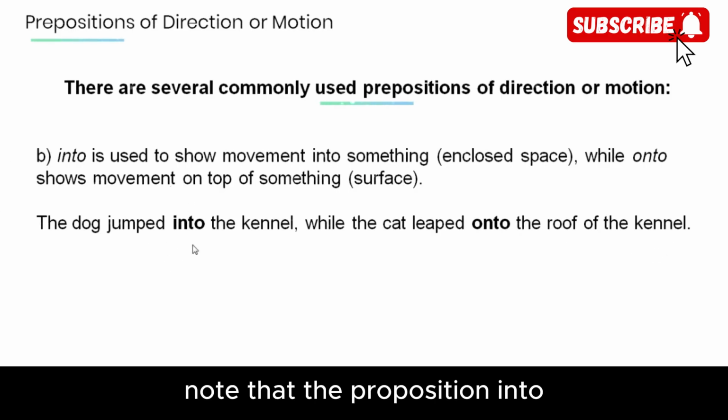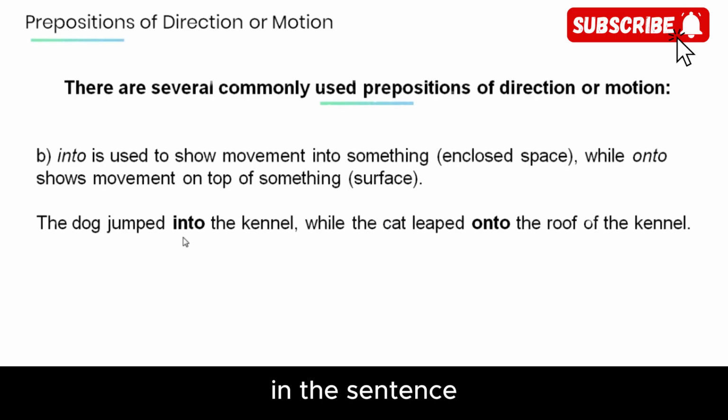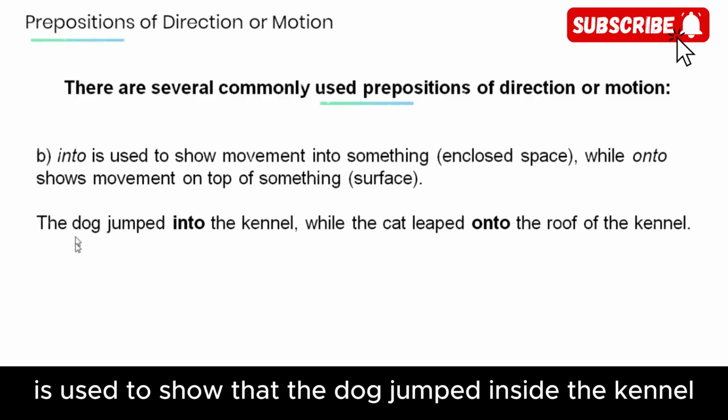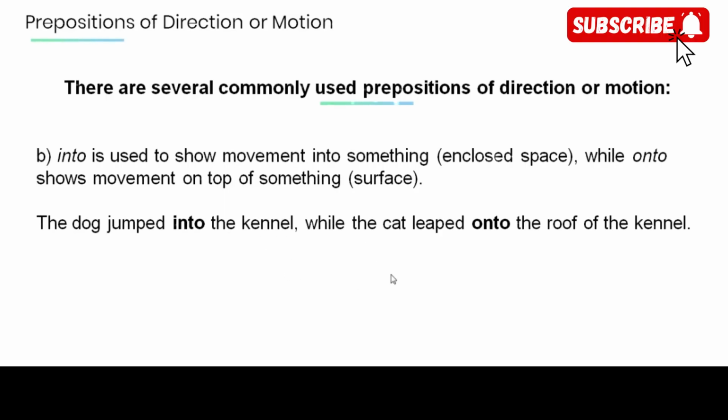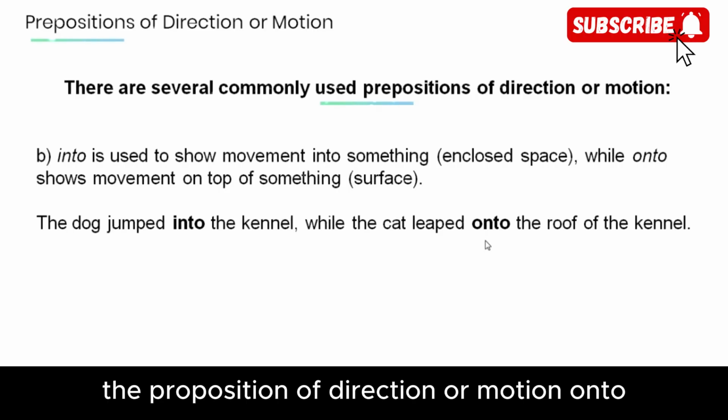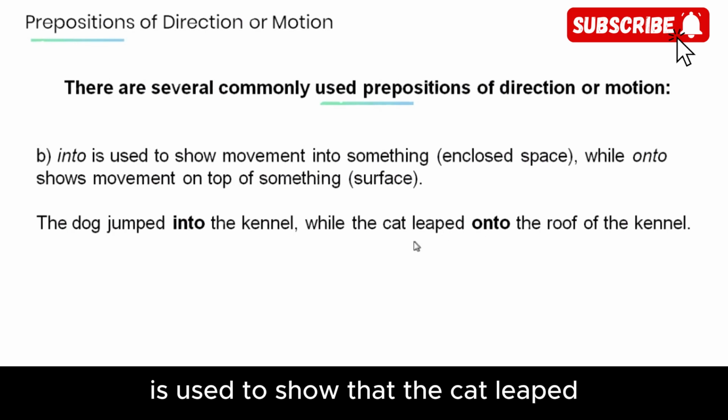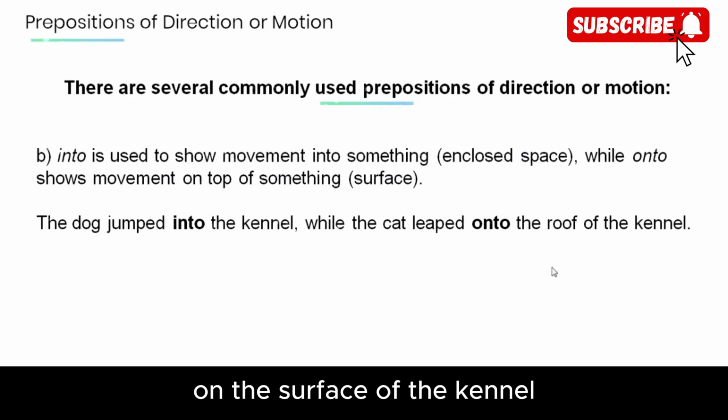Note that the preposition into in the sentence is used to show that the dog jumped inside the kennel. In this sentence, however, the preposition of direction or motion, onto, is used to show that the cat leaped on the surface of the kennel, on top of the kennel, not inside.